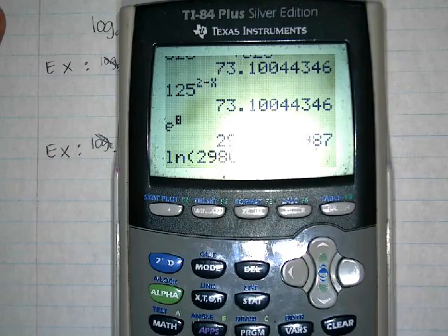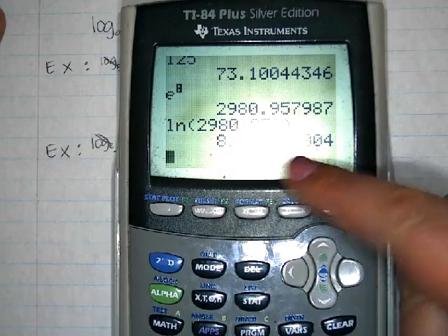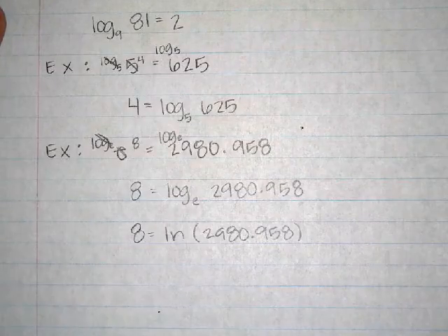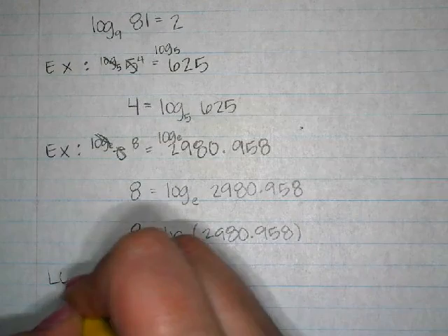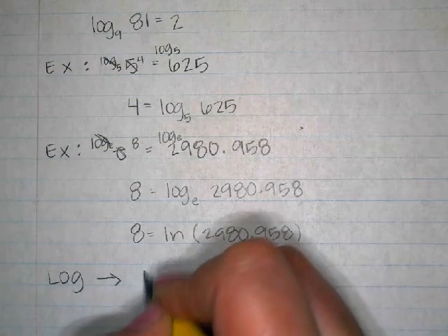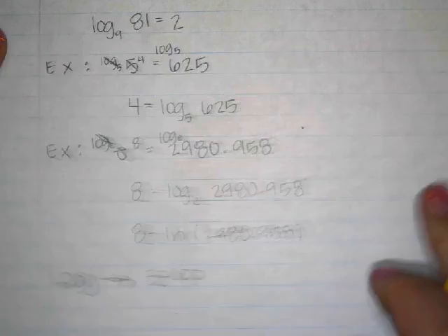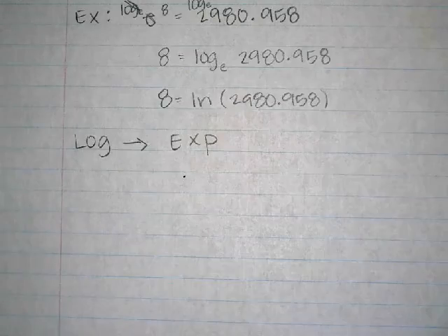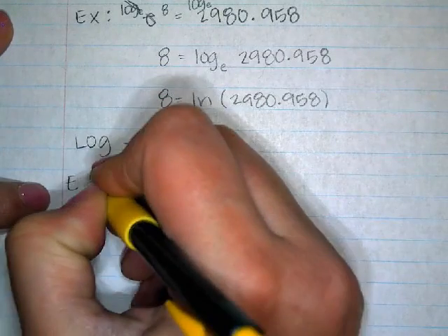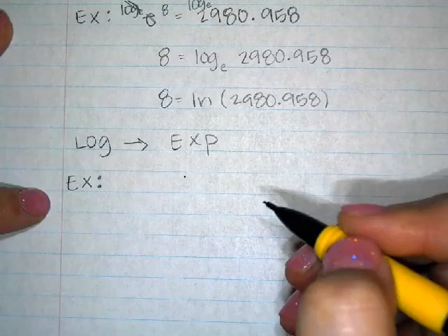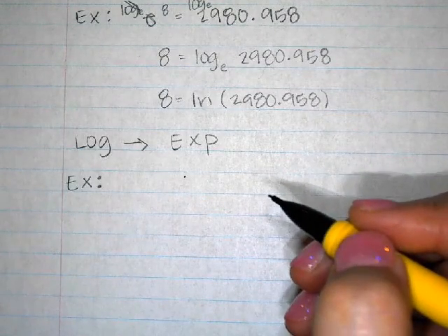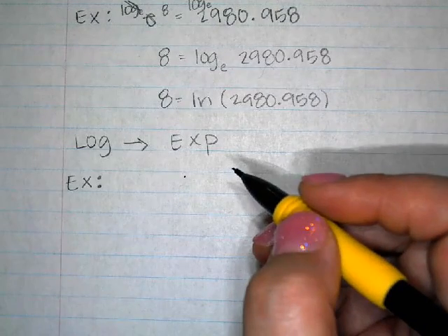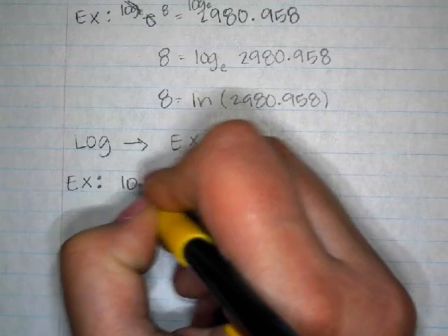Ta-da! Okay. All right, let's do it back the other way. Let's do log into exponential form. It works exactly the same way. We're going to take the same base and use it to get rid of the base, just like we did before. So I'm going to start with a log example: log base 2 of 32 equals 5.